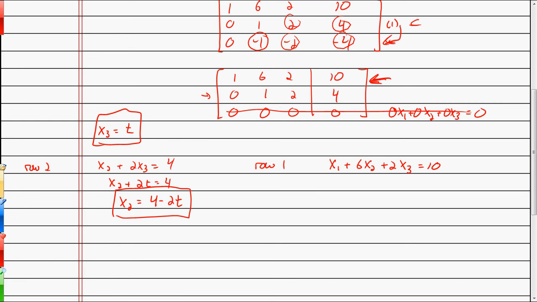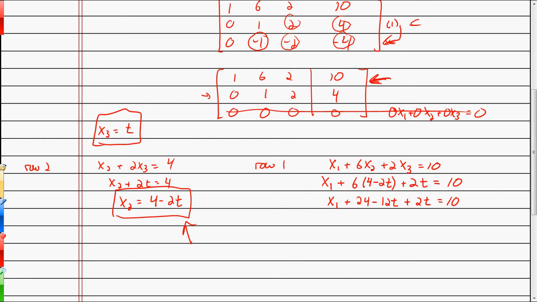That's x1 plus 6 times x2, which comes from here, that's 4 minus 2t, plus 2 times x3, which is just t, equals 10. So, distributing and collecting like terms, I'm going to get x1 plus 24 minus 12t plus 2t equals 10.